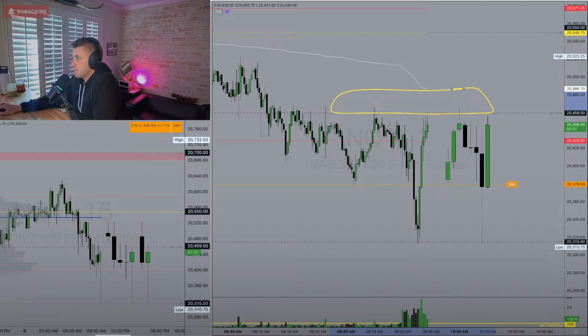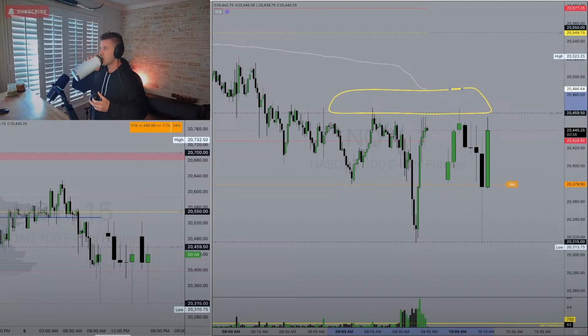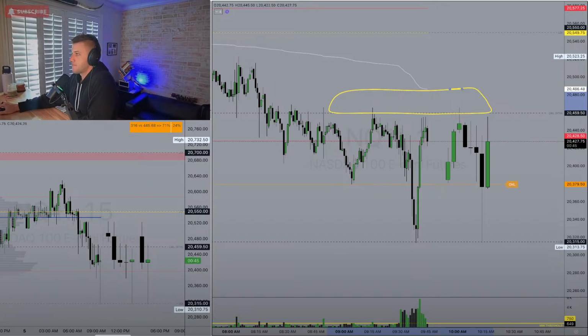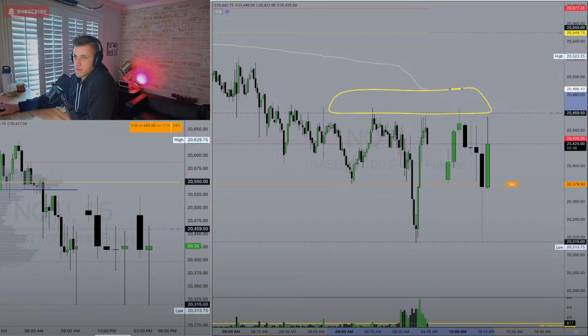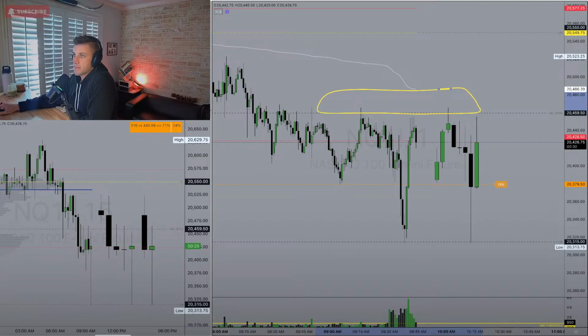Then we have another at 10 a.m. So this opening 15-minute bar closes here, if we get a hammer or not. Some sellers showing up there at 460, last week's low.